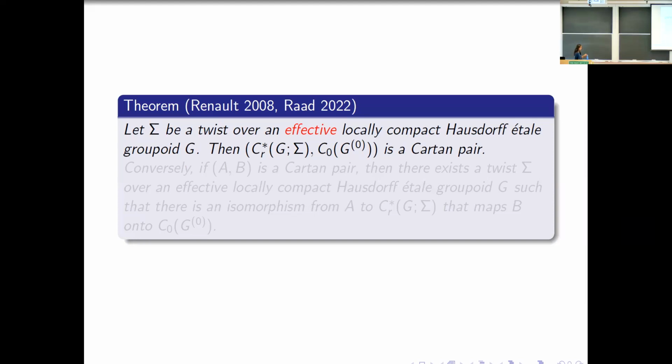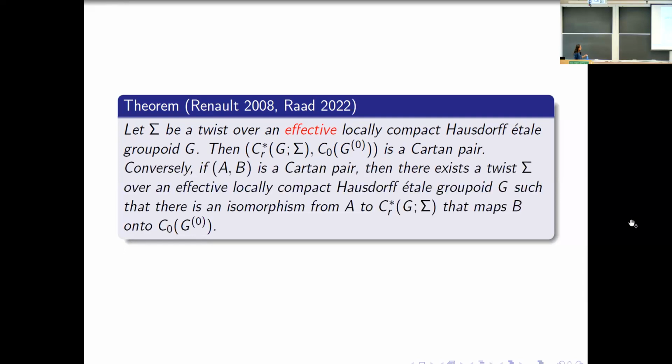It says that if there's a twist over an effective locally compact Hausdorff étale groupoid, then when we look at the reduced twisted groupoid C-star algebra, with the subalgebra, which is just the collection of all the continuous functions vanishing at infinity on the unit space, this indeed gives rise to a Cartan pair. So this subalgebra is a Cartan subalgebra of the reduced groupoid C-star algebra.